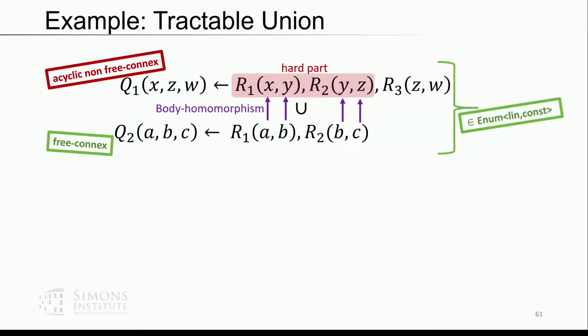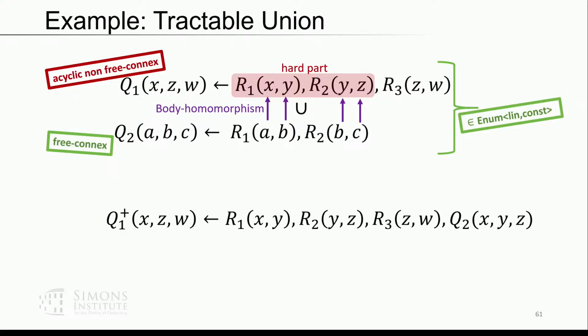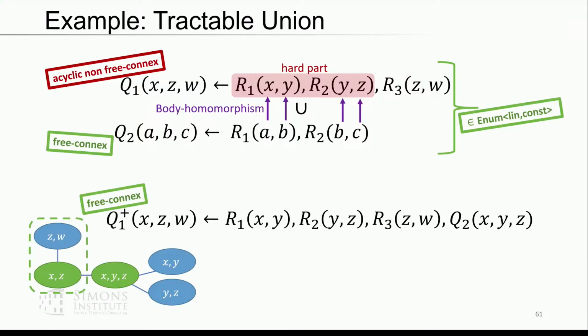So we don't lose information. And Q2 is really just exactly the join of R1 and R2. So what we can do is, after we compute Q2, we can look at the list of answers, treat it as another relation, and then extend Q1 with an extra atom that uses this. And now this extended query is free-connex.